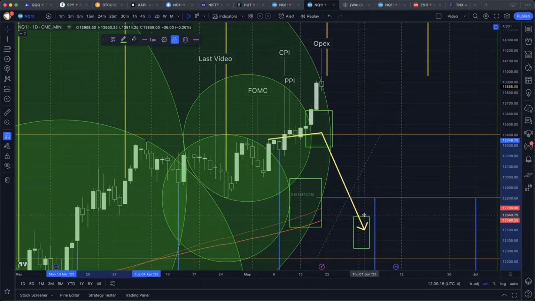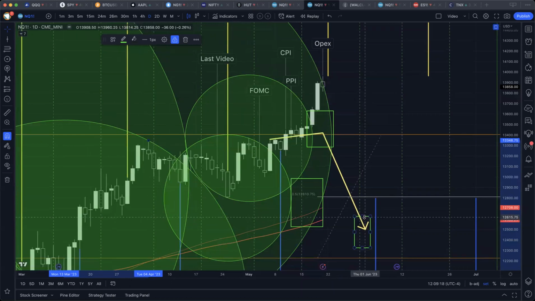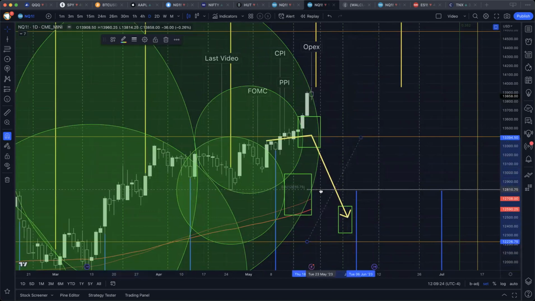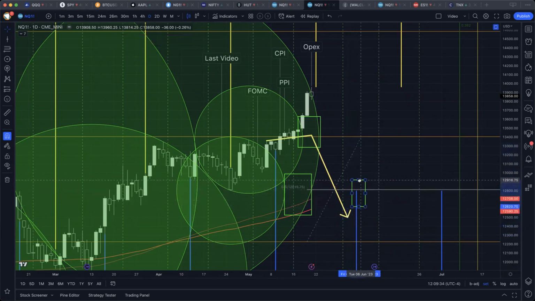So one of the things I'm going to do is update this target box just to move it up a little bit. I want the target box to be centered on the midpoint between these two magic levels here. And I'm going to shift it over a little bit so that it's centered a little bit around the Gann wave blue. So we'll put it here and we'll put it here.